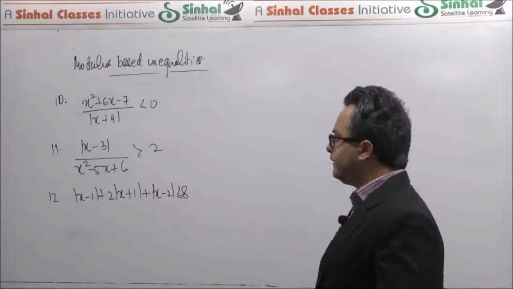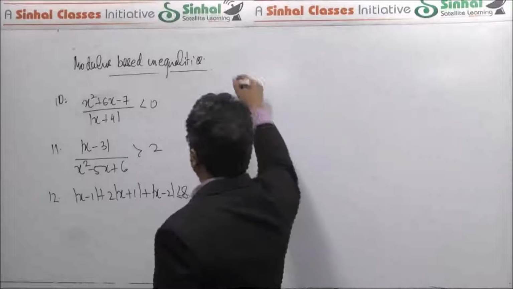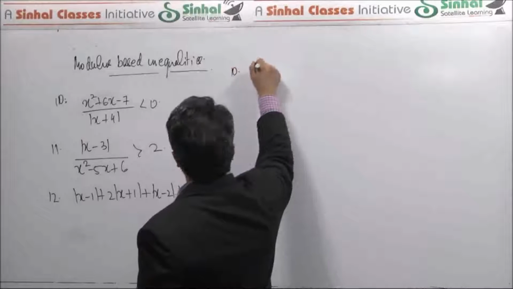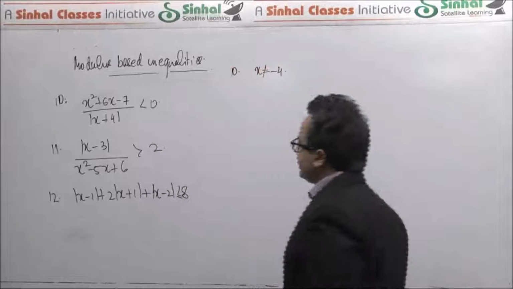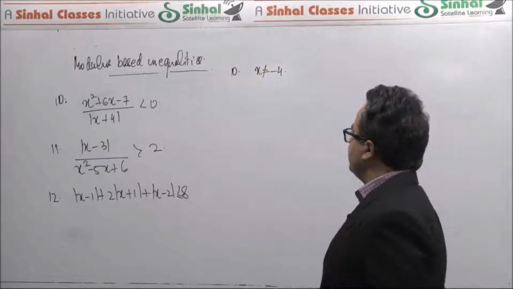So in the 10th one again, we should start... the 10th one is again a pretty straightforward problem. We should start by obviously saying that x should not be equal to -4.